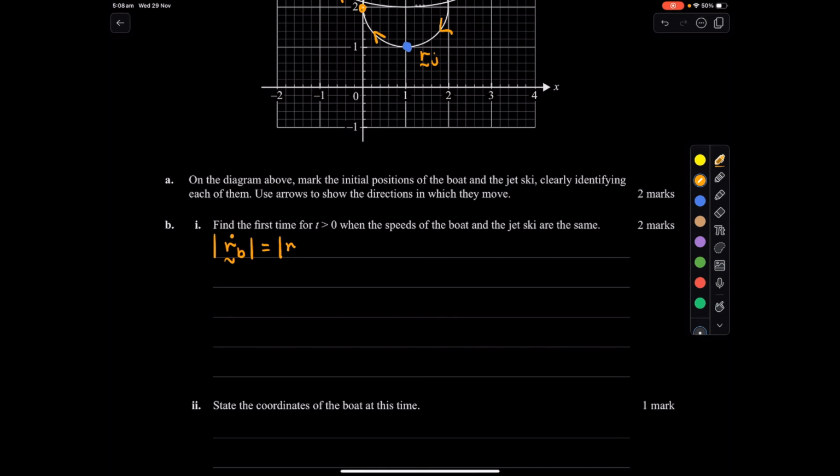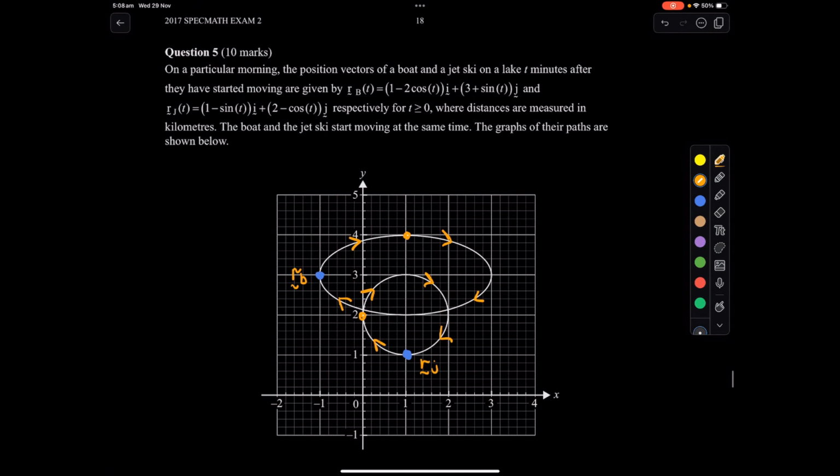So the same for the jet. Let's do that. Find the first time when the speeds of the boat and the jet are the same. Actually, let's define them as vectors in our calculator, so calculations are very easy.